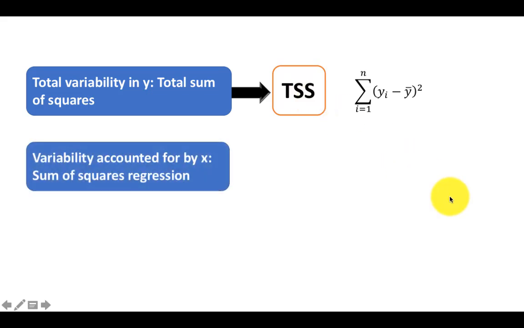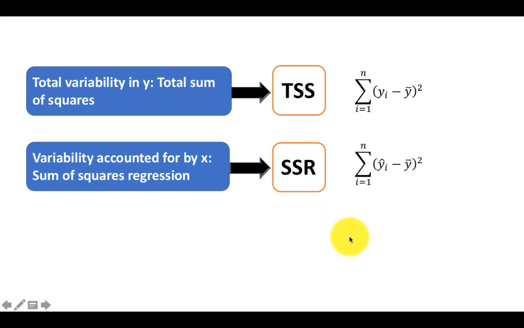Now we talk about how much of this variability is accounted for by the regression, and that is called the sum of squares regression. Based on what we discussed in the previous slide, we know that regression is able to explain this much of the variability, y hat minus y bar.